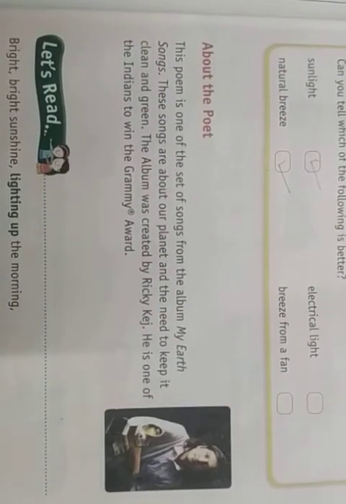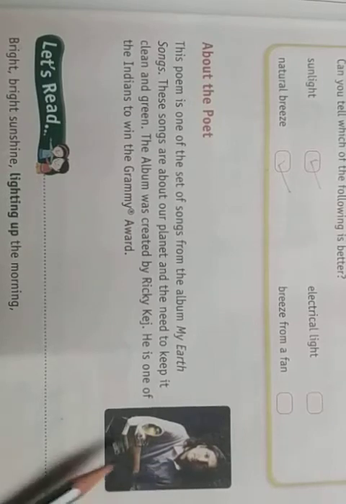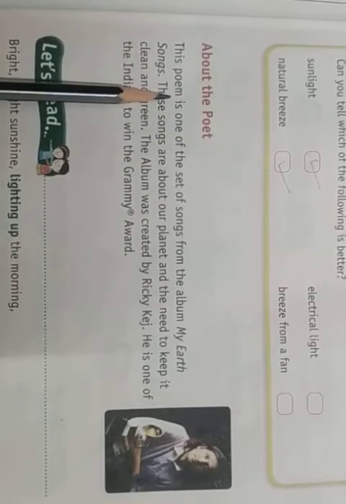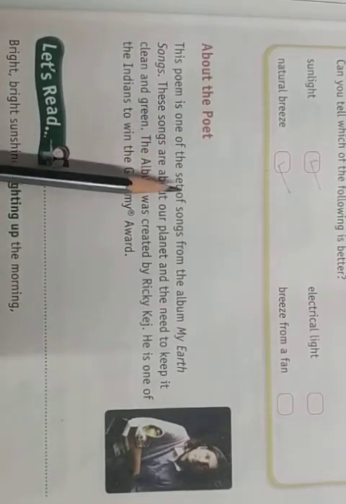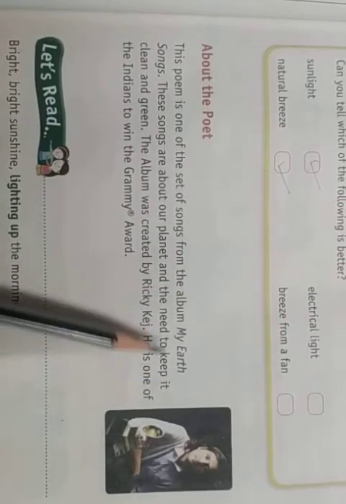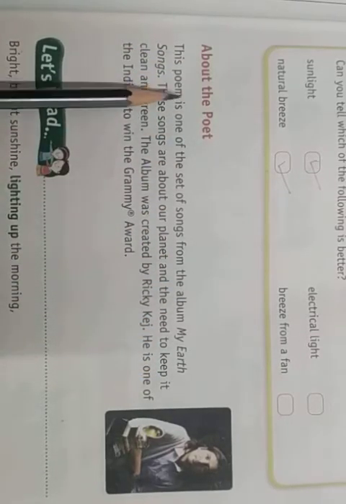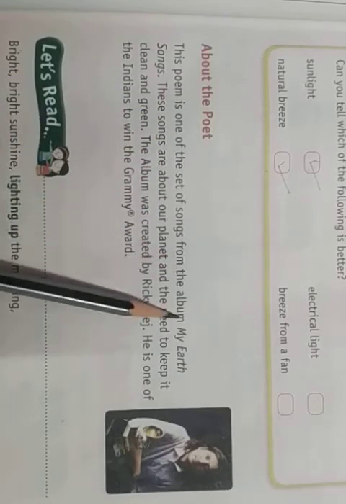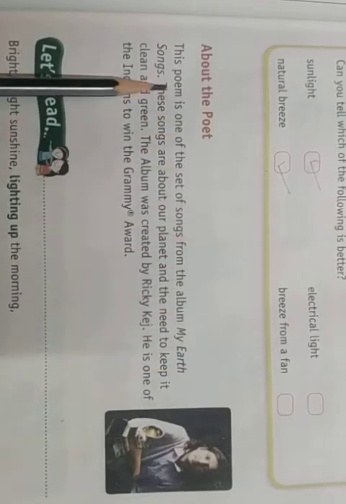Okay, about the poem, let me tell you about the poem. He is the poet who has written this poem, Turn It Off, right? This poem is one of the set of songs from the album My Earth Songs.